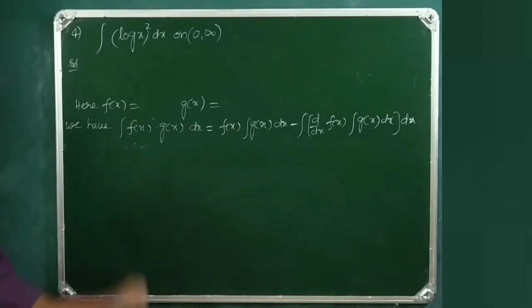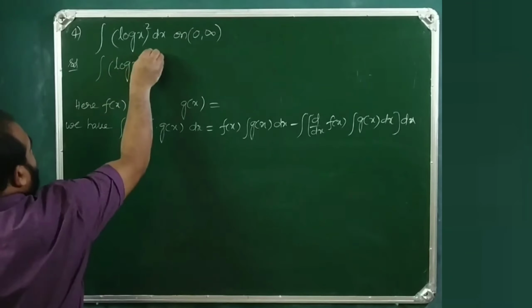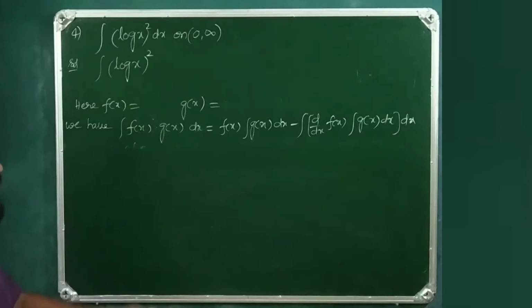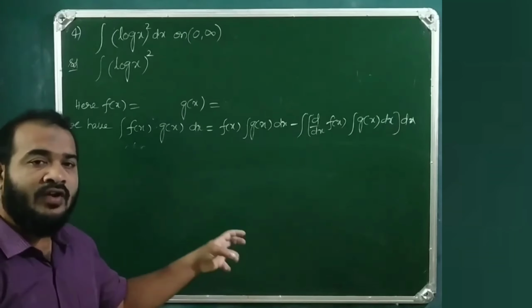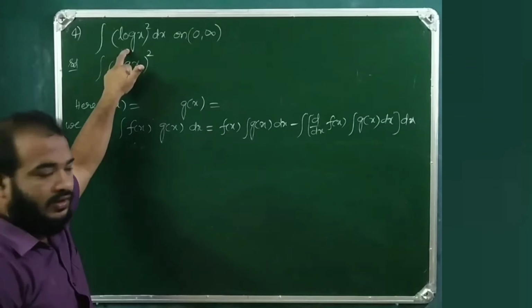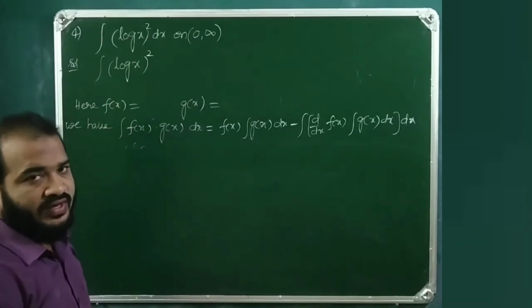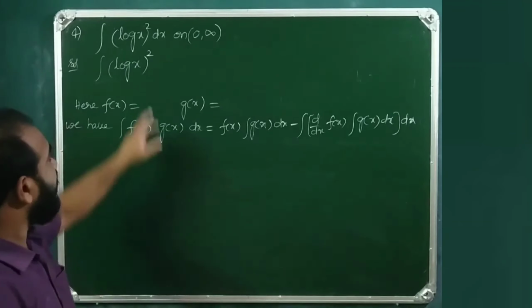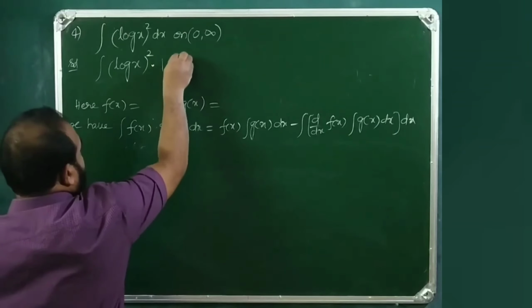Now fourth question is integral log x whole square dx on 0 to infinity. So this is equals to log x whole square. Integration by parts is also useful when the integrand contains only one function, like logarithmic, algebraic, inverse trigonometric functions, integral root of a square minus x square, etc. There, the second function is treated to be 1 dx.